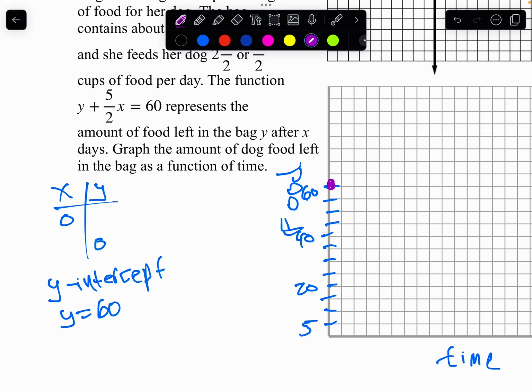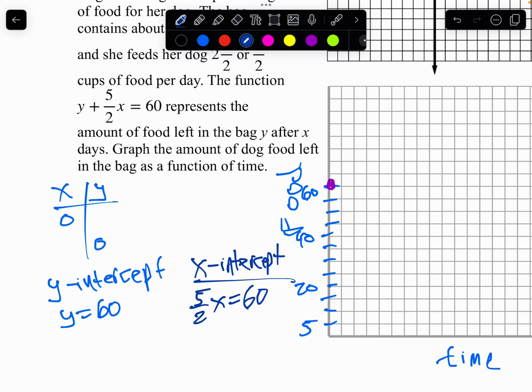Now let's turn around and find the x-intercept, which means I'm going to make y 0. So I have 5/2 x equals 60.